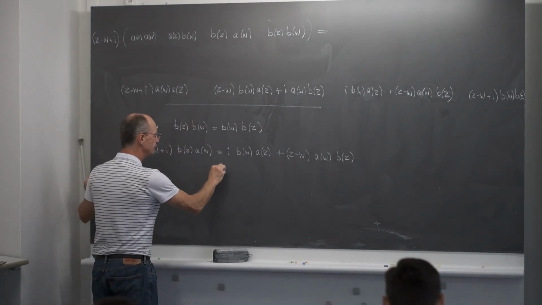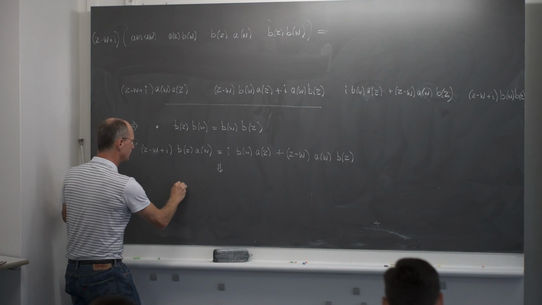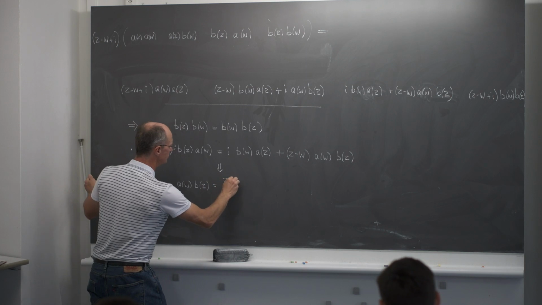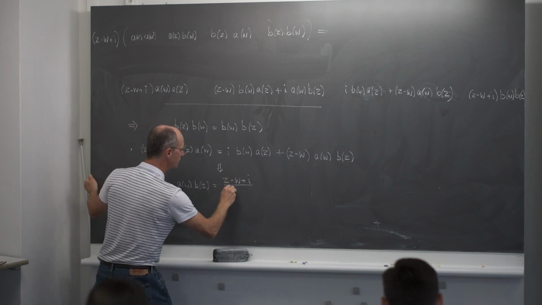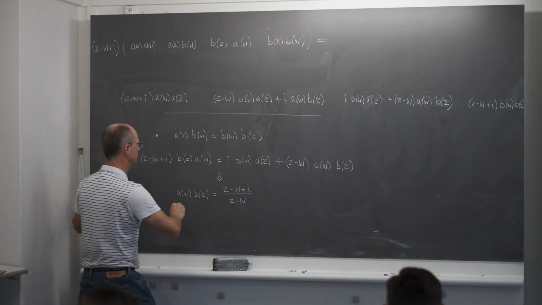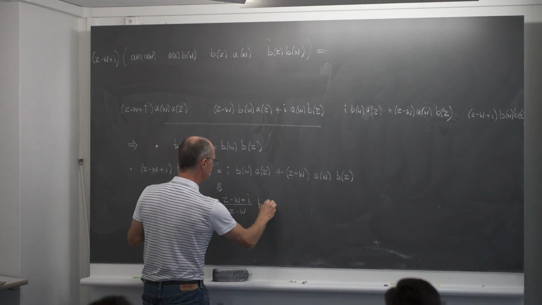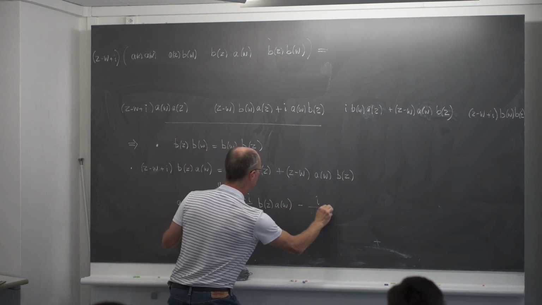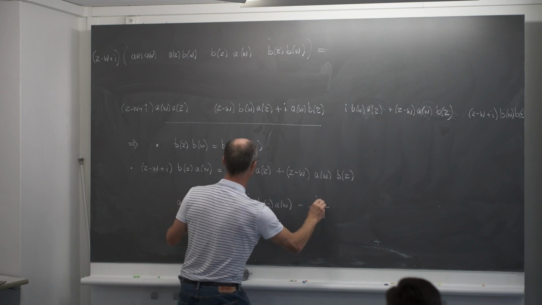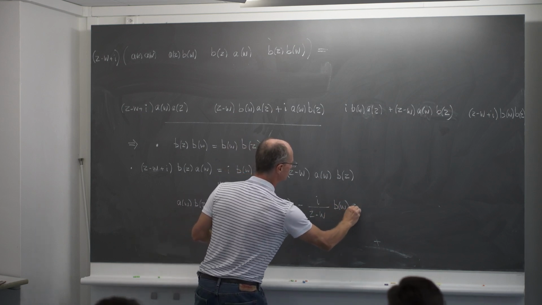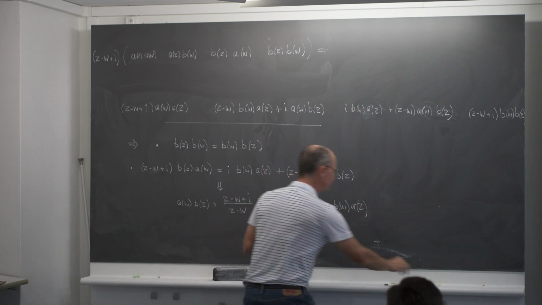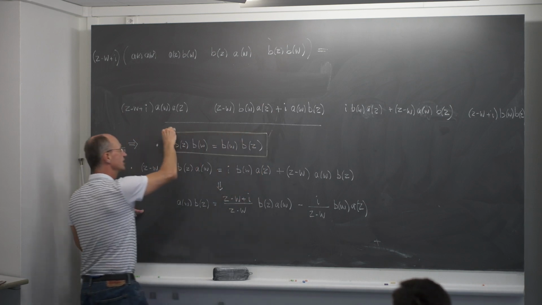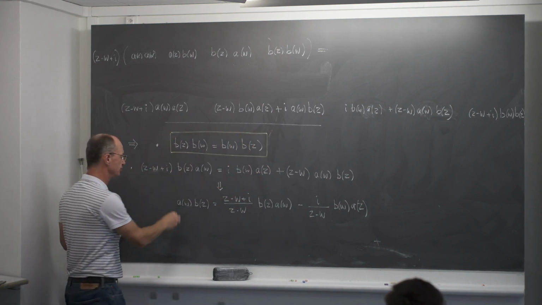I would like to rewrite it in the following way. A of W, B of Z is Z minus W plus I over Z minus W, B of Z, A of W minus I over Z minus W, B of W, A of Z. So this is a simple-minded relation which just says that those operators commute.